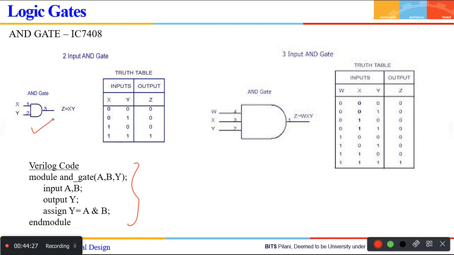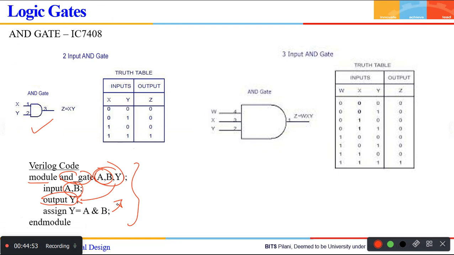Now see here, the Verilog program. I have already taken 1 or 2 sessions on Verilog programs. How to write the Verilog program? Module name, these are the ports, where A and B are the inputs, Y is the output. Now output Y is equal to A and B. So what type of implementation is this, tell me?